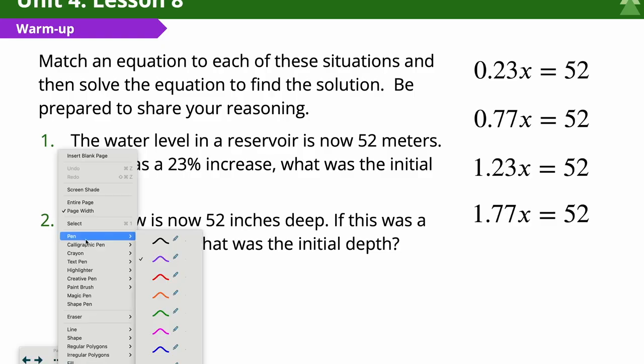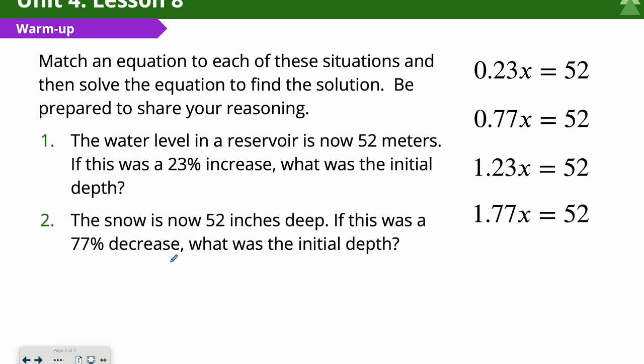Question 1 says the water level in a reservoir is now 52 meters. If this was a 23% increase, what was the initial depth? So we have initial and new, or current, or now.